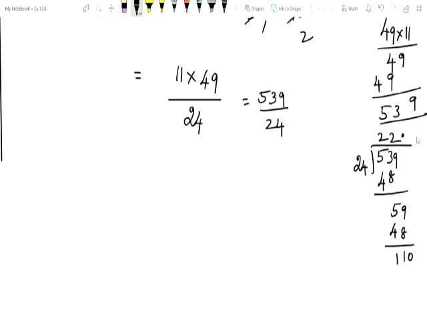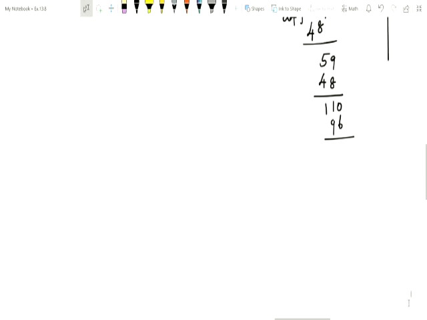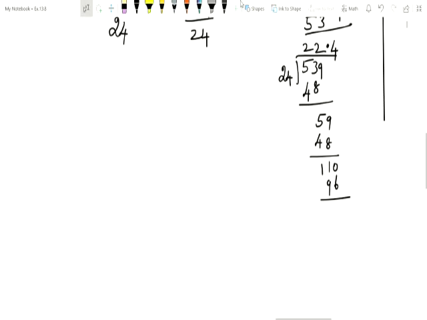How many times does it occur? 4 times. 4 4s are 16, 110 minus 96 gives 14. Now add 0, 140, 5 times. 5 4s are 20, 5 2s are 10, plus 2, 120.